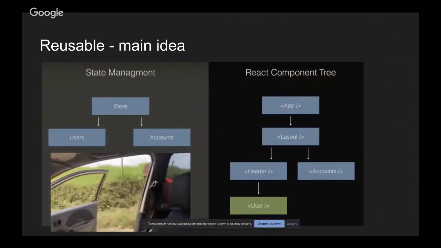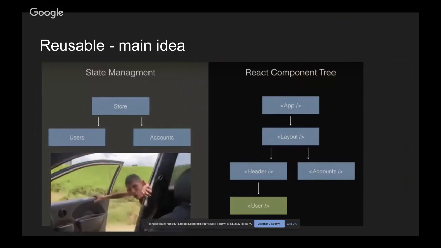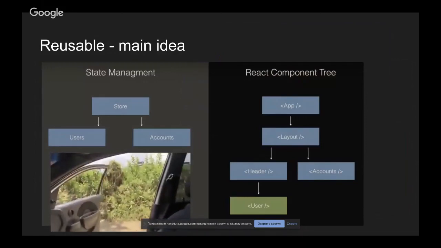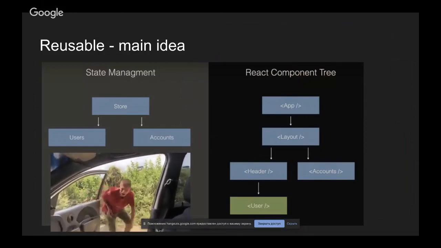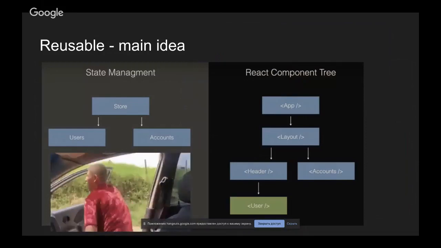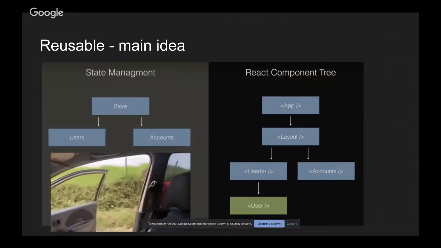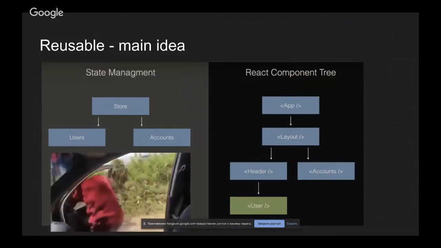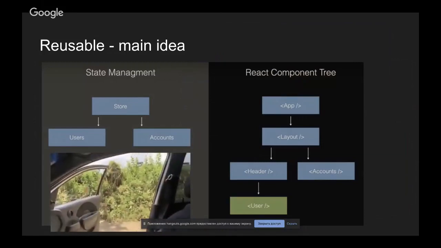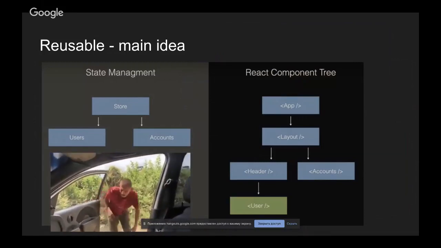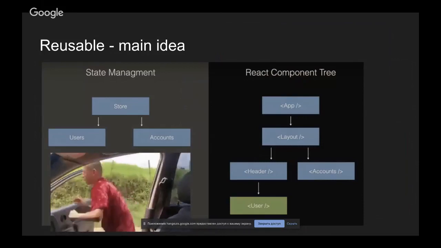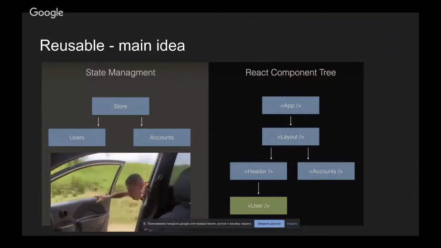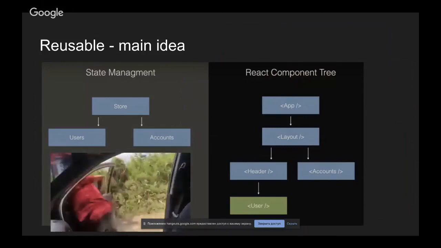The main idea of the package is a great external store that will contain states, and each component in the application can directly subscribe to the change event for a particular state. I will show you in an example how it works.